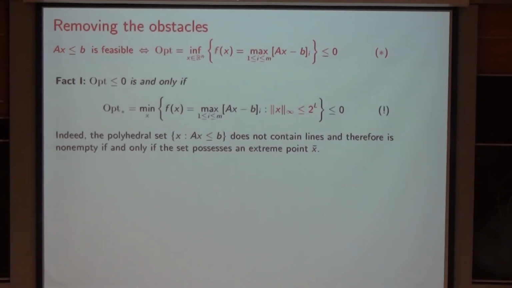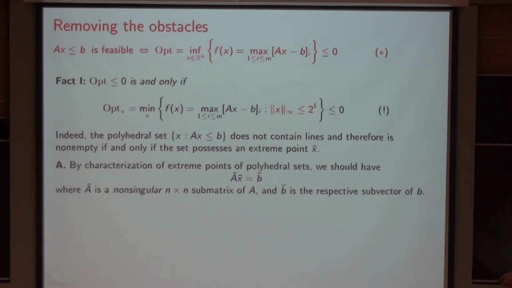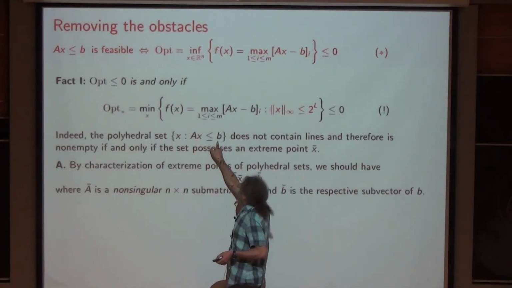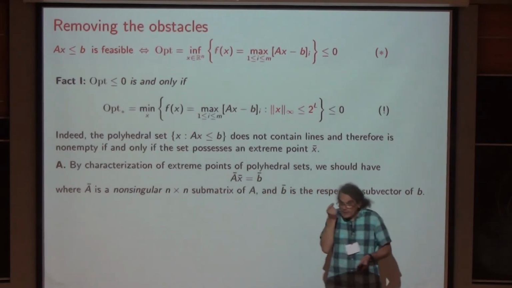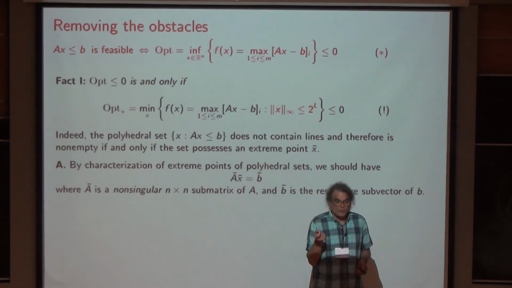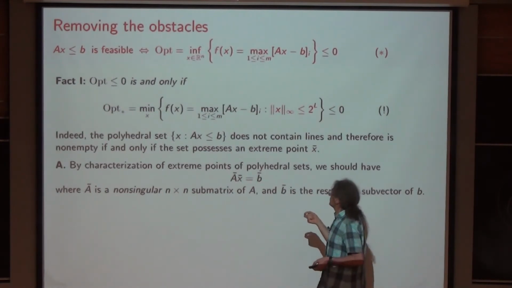So if there is x for which Ax is less or equal than b, then there is an extreme point of this polyhedral set for which it will also be verified. It will also be non-positive.